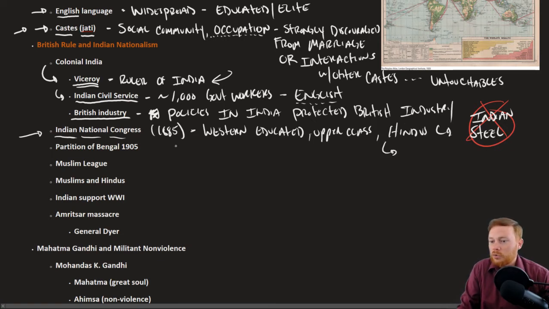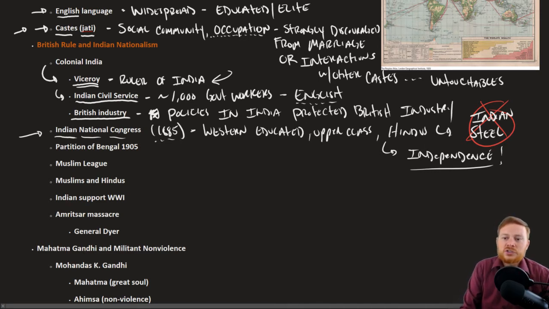And of course, their goal from a very early period, 1885, was Indian independence. That is to break free from British rule. However, during the years between 1905 and a little bit earlier than that, there wasn't really a lot of momentum in terms of making considerable progress.